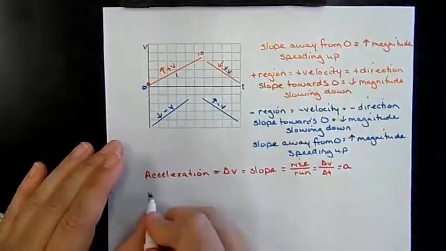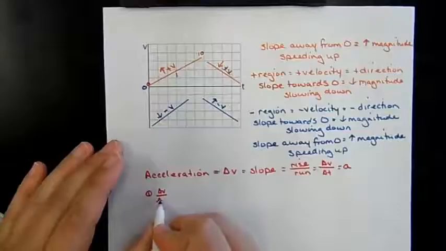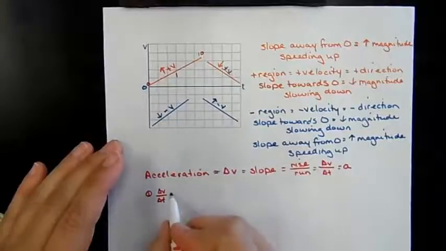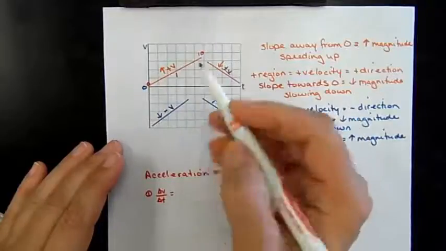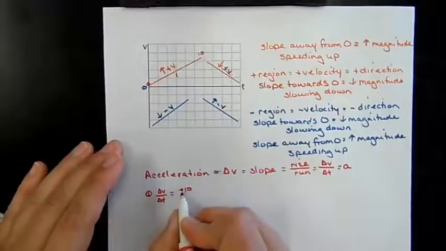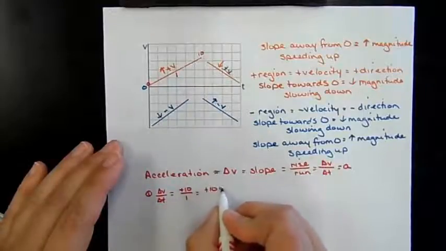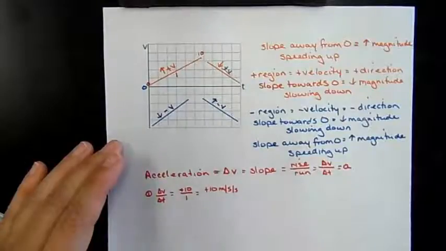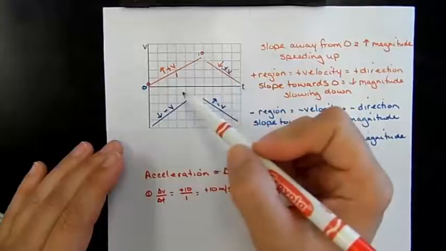The acceleration of line 1, we're looking at delta V over delta T. And so remember, delta is final minus initial. So we have positive 10 minus 0. So we end up with a positive 10, let's just say in 1 second. So we have a positive 10 meters per second. So this would be the acceleration for this line.